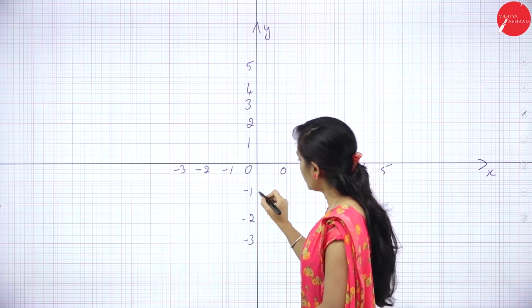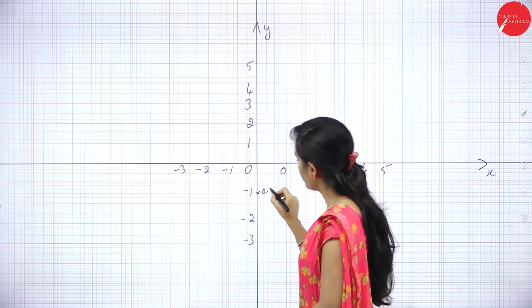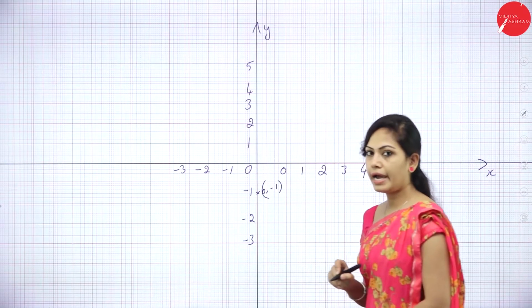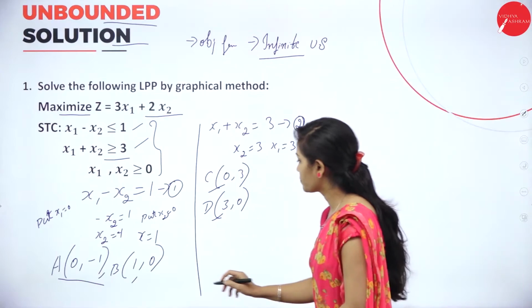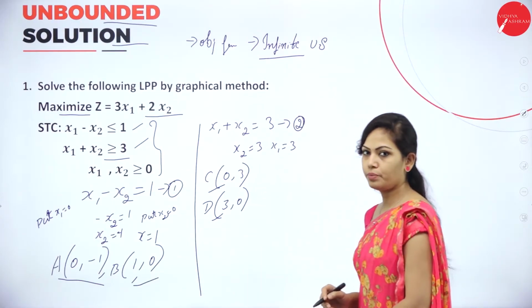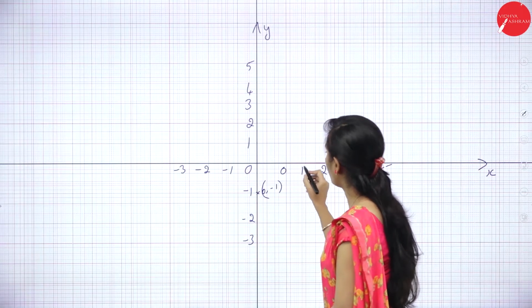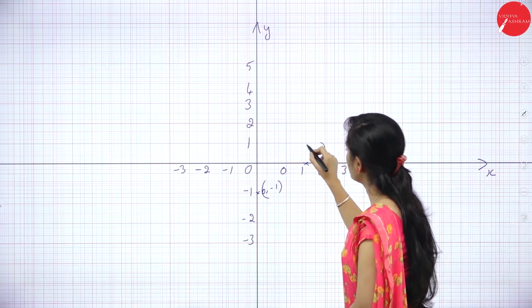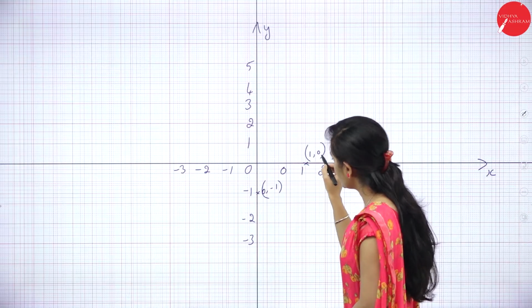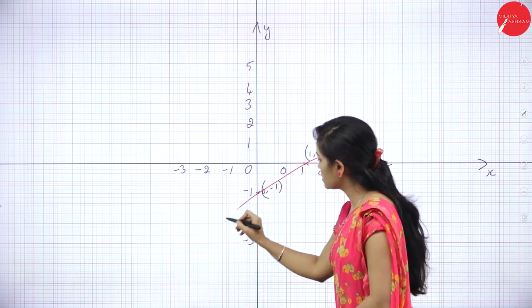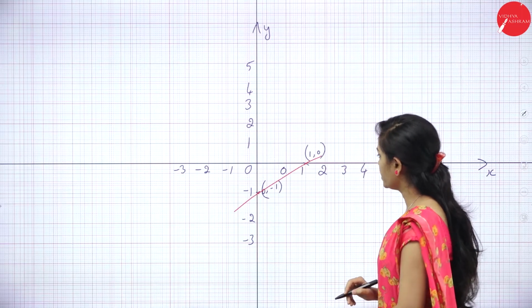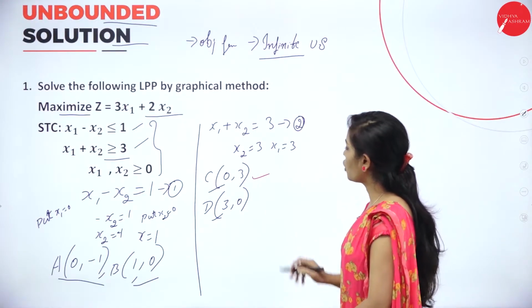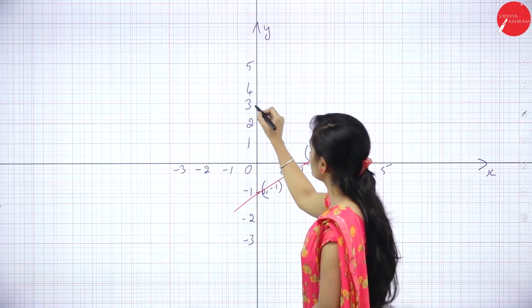The second point is 1, 0. Mark this 1, 0 and join these two points.